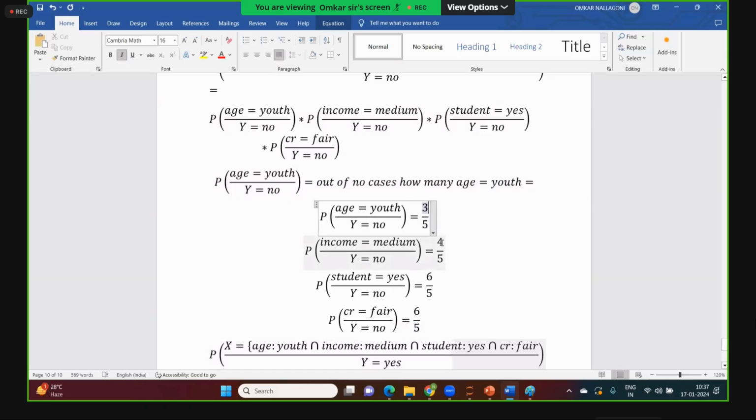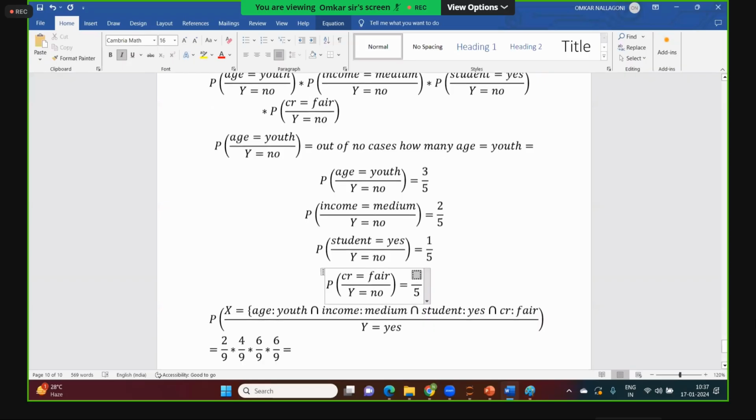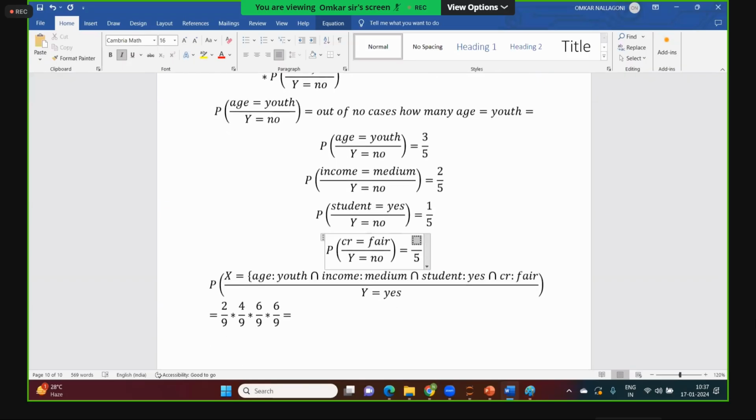What about this? Deepak, income equal to medium. Nikita is wrong. 2 by 5. Now this. How many students are yes? No case. Only one. What about this? 2 by 5?